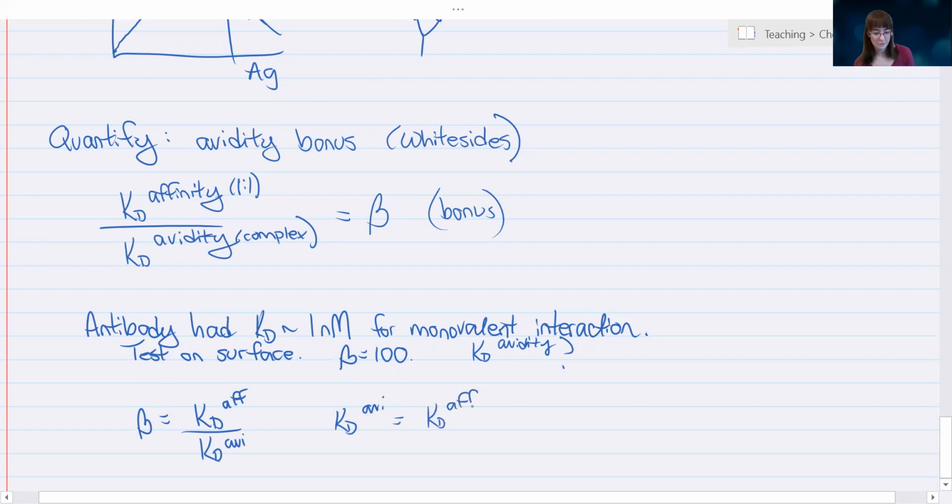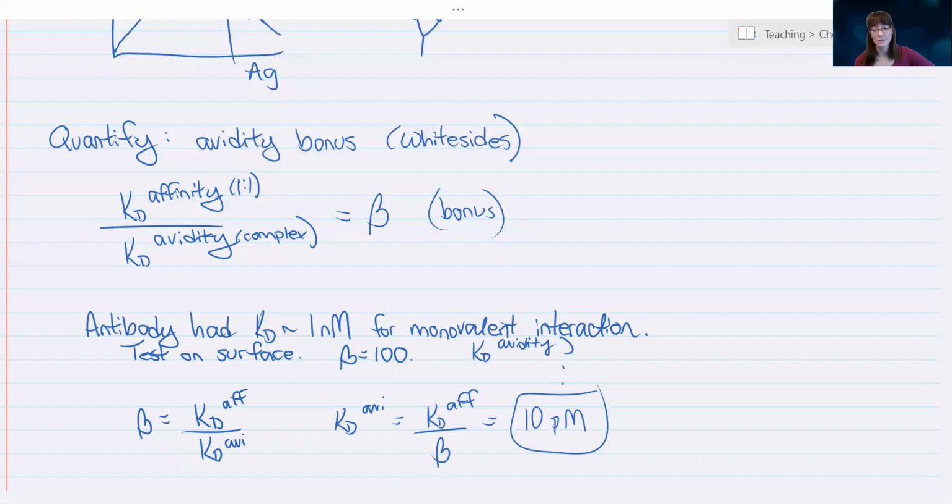Okay, and so it ends up being 1 nanomolar divided by 100, and so it comes out to 10 picomolar. Now that is a lot lower KD. You may remember I told you a good antibody is considered to have a KD of around a nanomolar, so 10 picomolar is really, really good. So this avidity bonus can have a huge impact on the system.